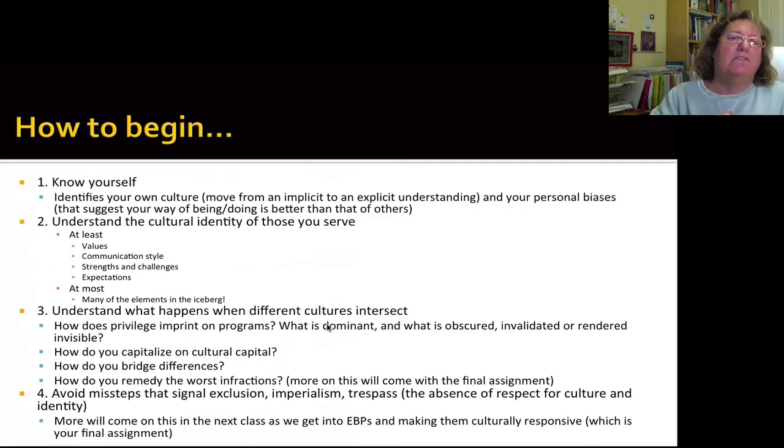Part of doing evaluation is, as the evaluator, needing at the beginning to know yourself. You need to know your own culture, and that needs to be explicit, not implicit. So you've got to get explicit about knowing yourself and knowing your biases. Biases are really about an internalized belief that your way of being and doing is better than that of others.